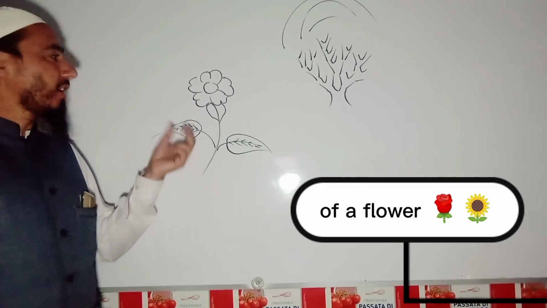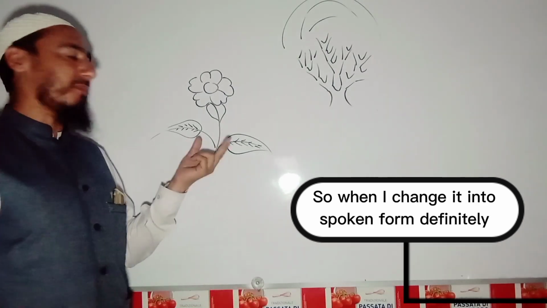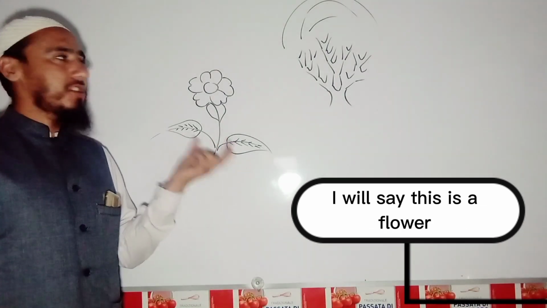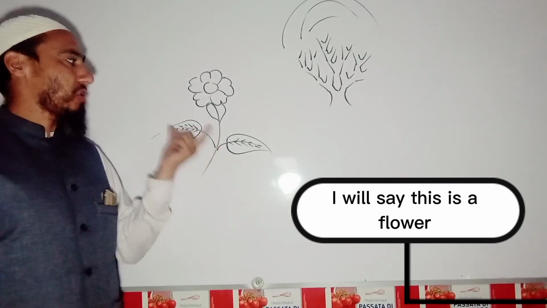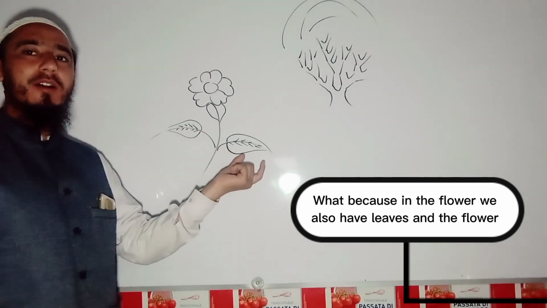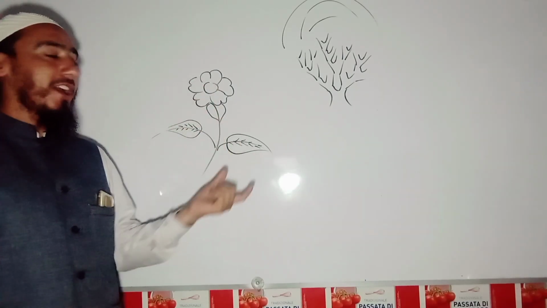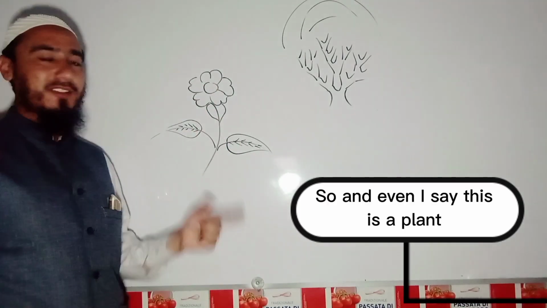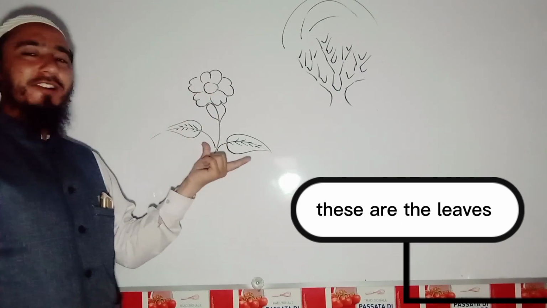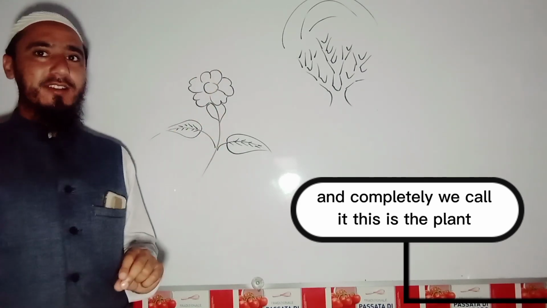For example, this is the visual form. So when I change it into spoken form, definitely I will say this is a flower. Why? Because in the flower we have leaves and also the flower. So I say, and even I say this is a plant. This is the flower. These are the leaves, and completely we call it the plant.